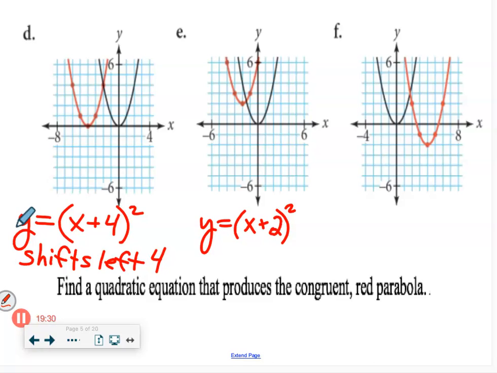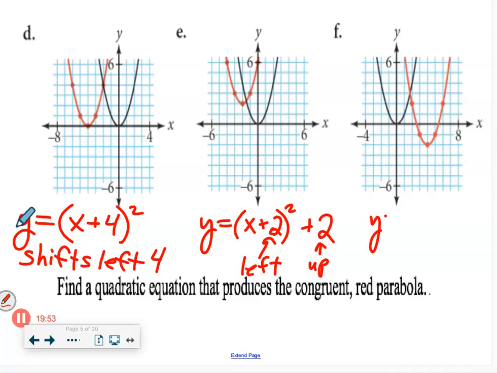And then out here, I want to shift up 2, another plus 2. Have you all made that connection that when you're out here, adding goes up, but when you're in here, adding goes left? Okay?